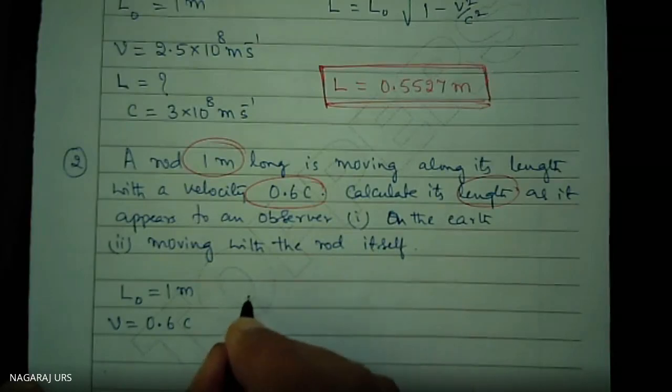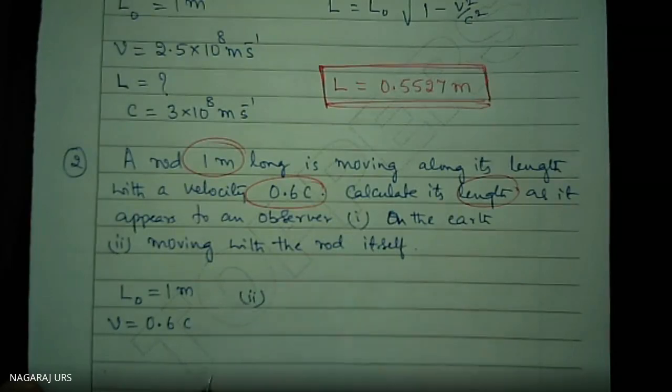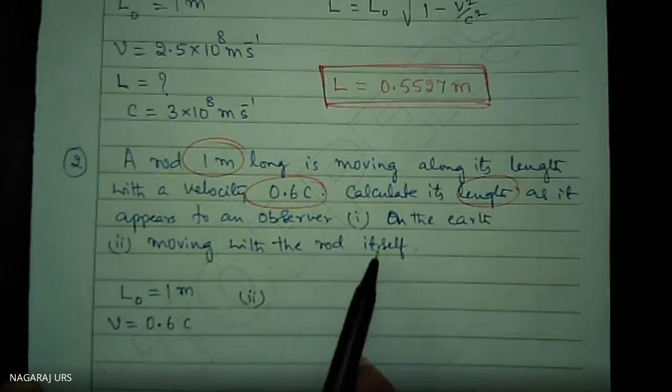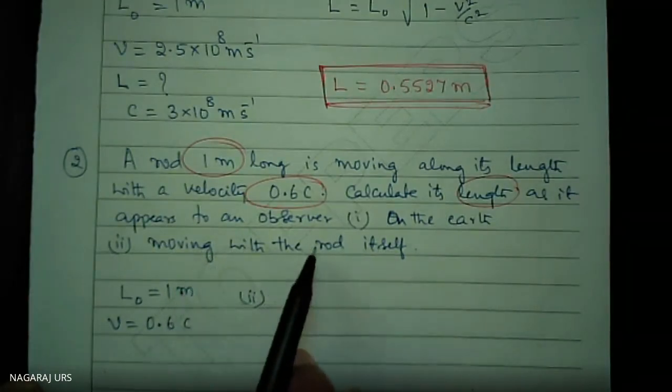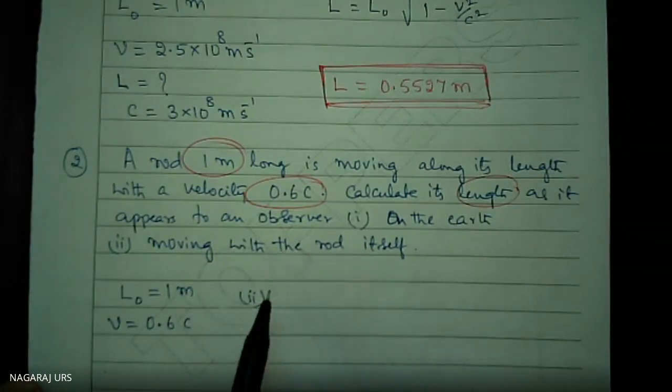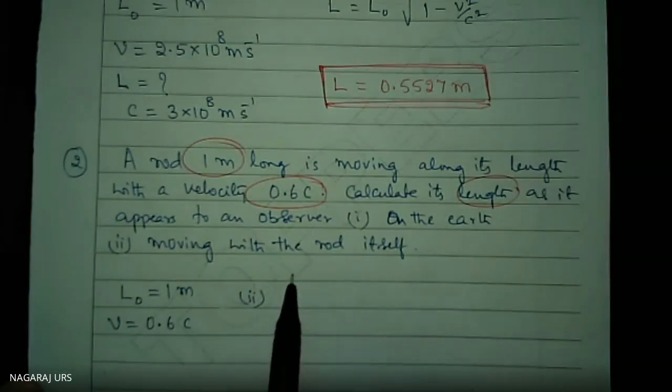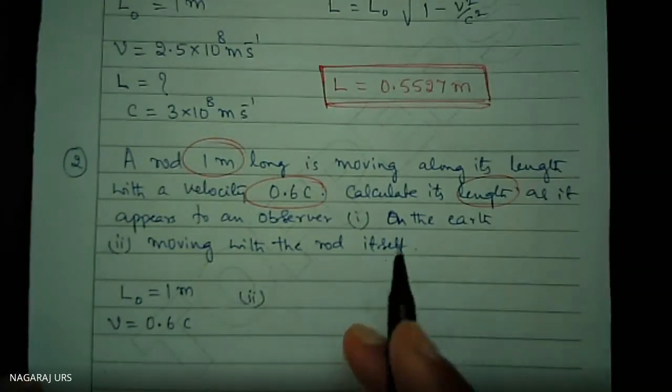First, I will write the answer to question number 2. As the rod is moving along with a person also moving along with the rod, and if he is observing that one, then the length cannot change. It remains as it is.